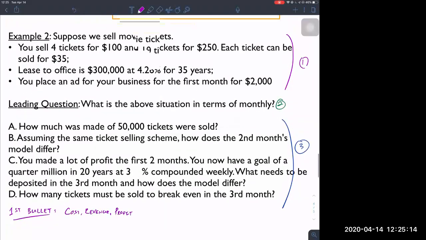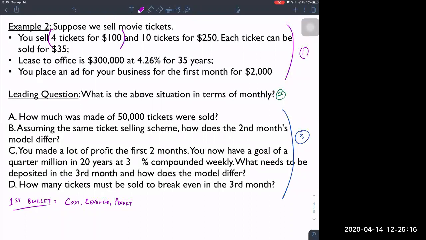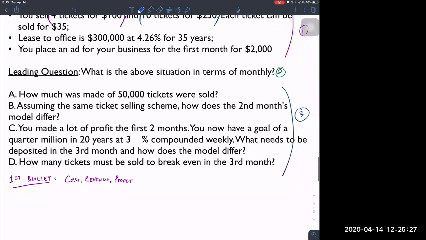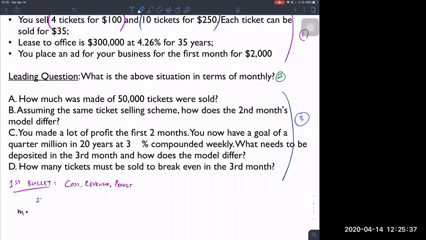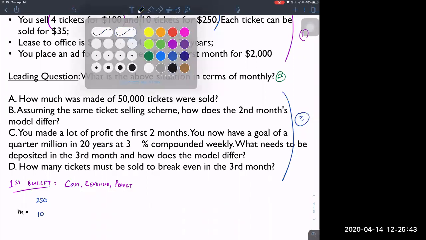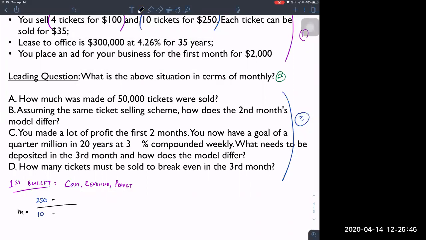So remember, this is a single point, and this is another point right here, and we have to find the slope between those two. So remember that's m equals 250 minus 100 over 10 minus 4.